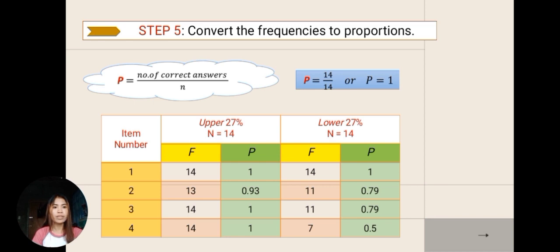And in the lower 27%, we have 11 divided by 14 is equal to 0.79. And lastly, in item 4, we have 14 divided by 14 is equal to 1, and therefore our proportion is 1. And in the lower 27%, we have 7 correct answers divided by 14, therefore we have 7 divided by 14 is equal to 0.5.